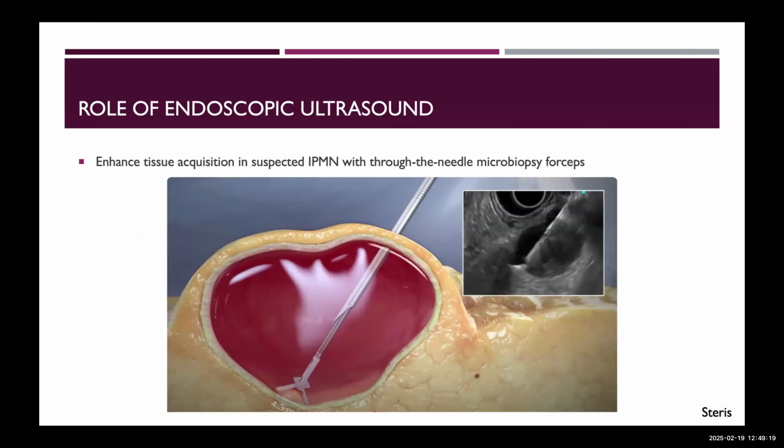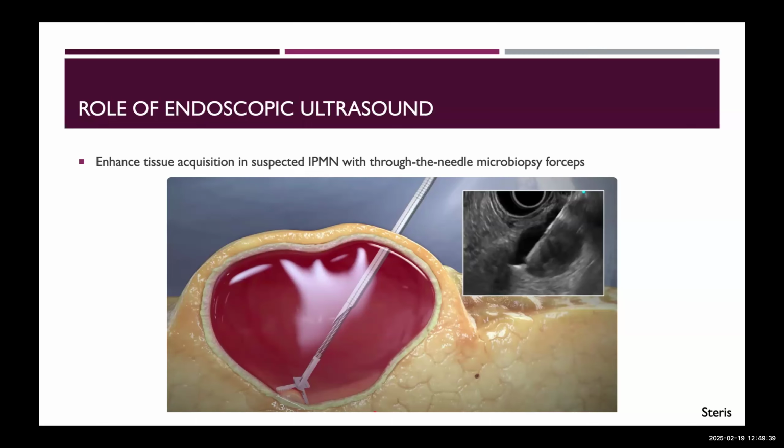There's also through-the-needle microbiopsy forceps. In the center there, that red thing is a cyst. Basically, we would do the regular endoscopic ultrasound with an FNA needle, and through the FNA needle itself, we'll put a microbiopsy forceps through.